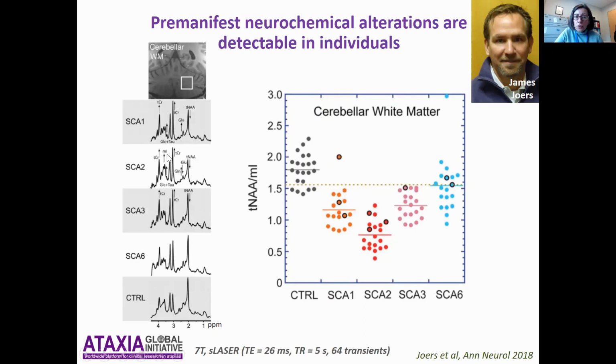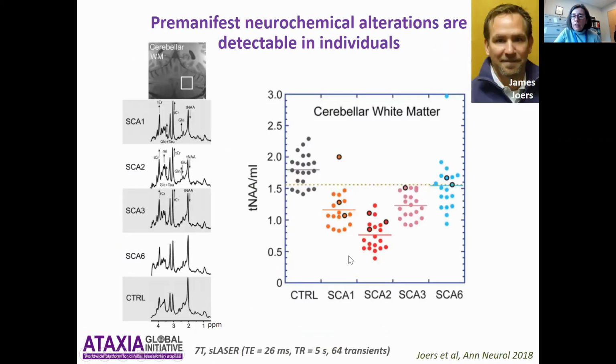I'm showing you sample data from the cerebellar white matter, and relative to a control participant, you can see just by looking at the data the differences in the patterns if you carefully investigate the data visually. And then when you do the quantification and plot the data, you see very clear difference of NAA over myo-inositol for all SCAs relative to the controls.